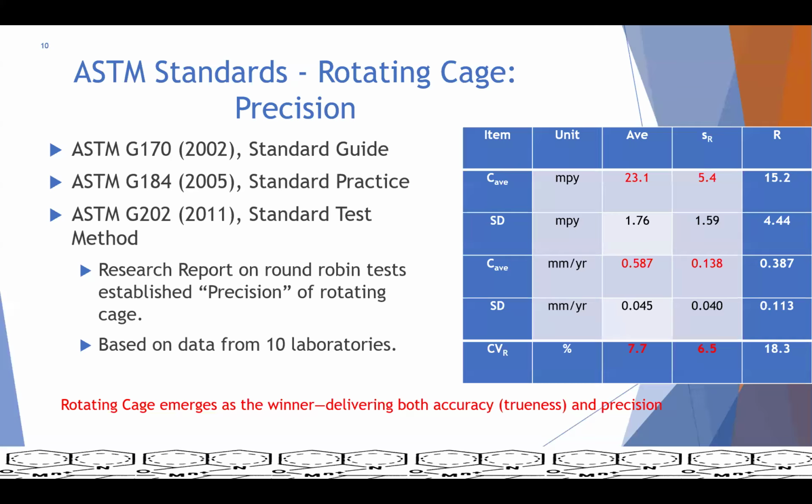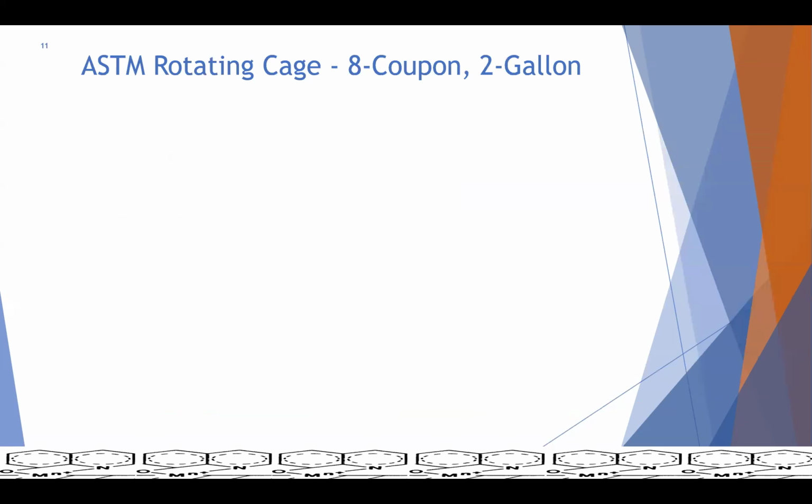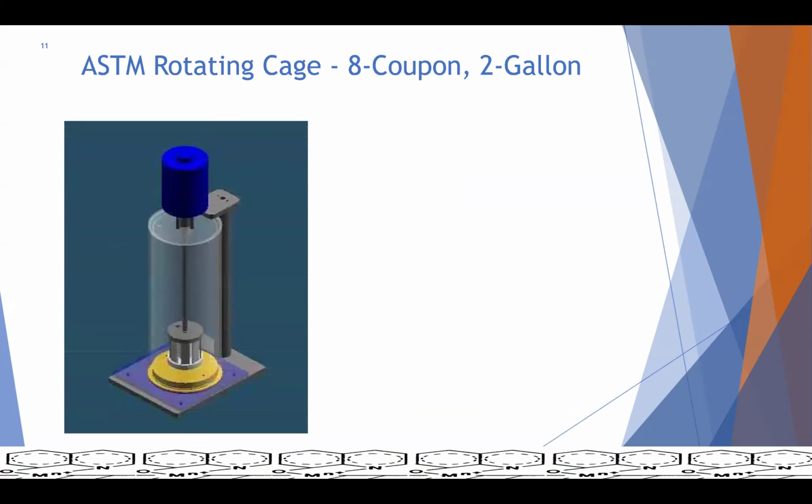Now let us talk about some of the details of ASTM standards on rotating cage. When we say ASTM standard on rotating cage, it has very clear geometry and number of coupon requirements. Even though we call it ASTM rotating cage, it has 8 coupons and a 2-gallon volume apparatus.